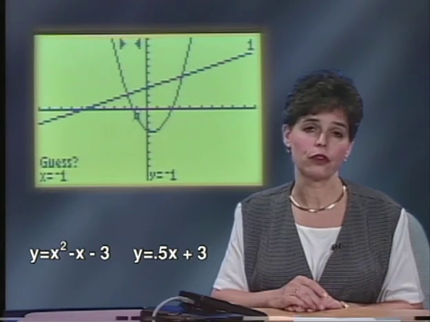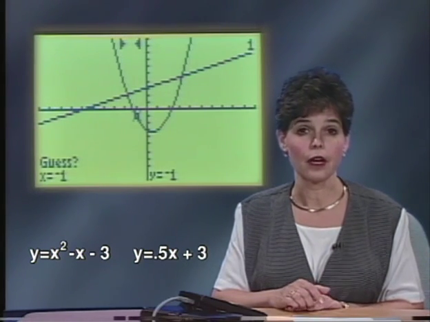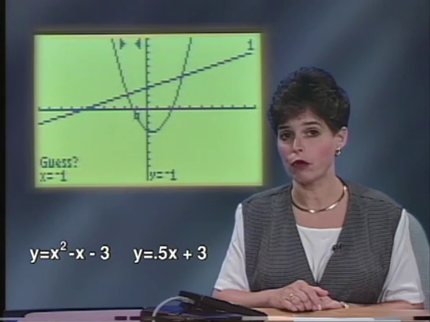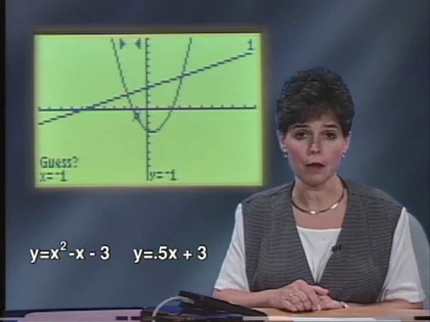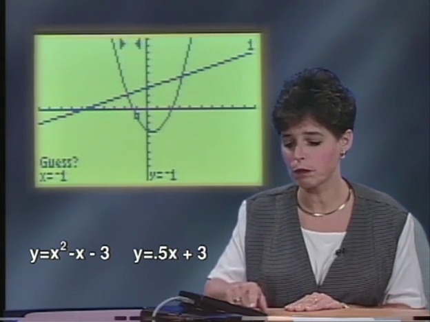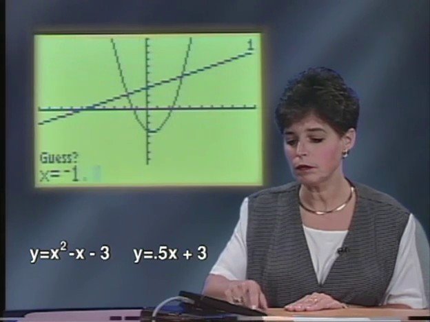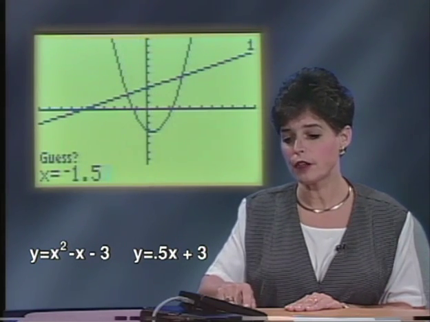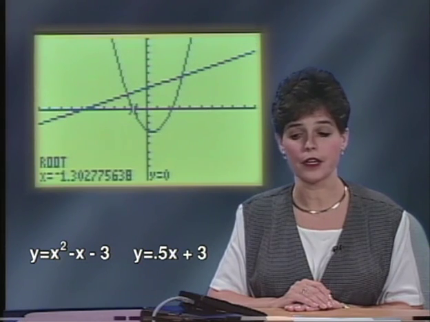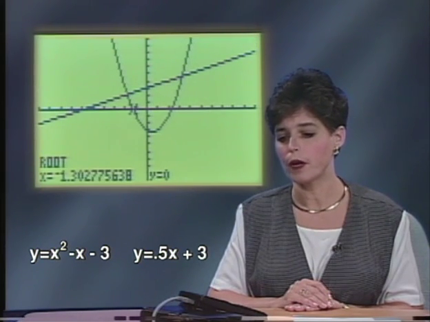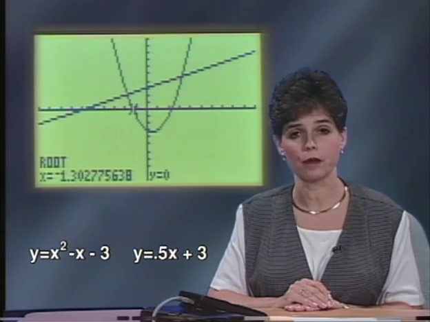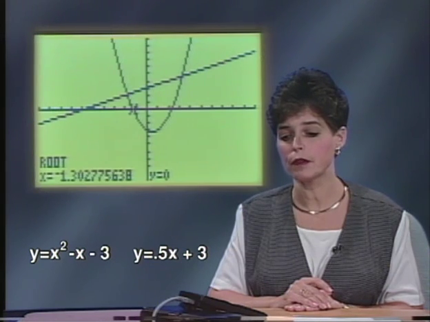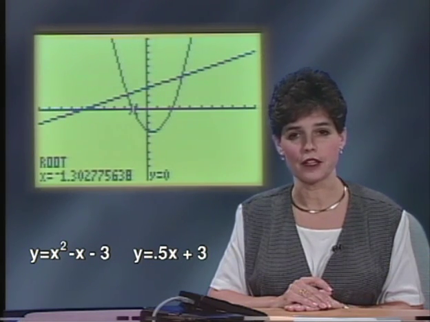Well, I suppose that since I chose -2 for the left-hand bound and -1 for the right bound, for my guess, I might as well go with -1.5. Press enter, and let's see what the calculator has to say for the root. And it has given me an answer. Certainly it is approximate, but it is an answer that I can definitely deal with.